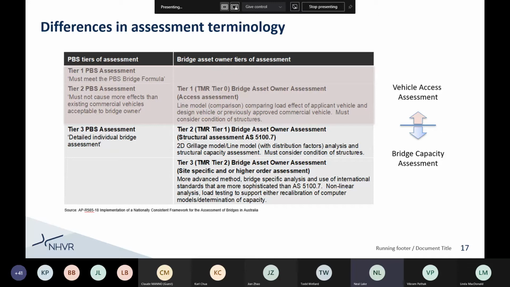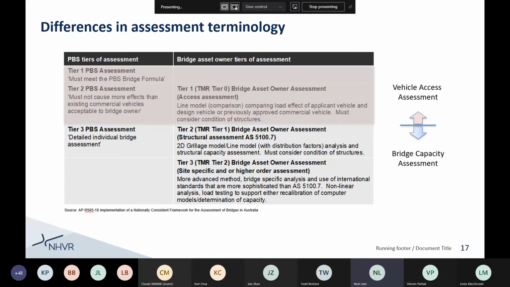So a tier 1 assessment in the PBS guidelines is meeting the bridge formula, which we're not covering in this webinar series. A tier 2 assessment basically describes, in a PBS assessment, that it must not cause effects greater than the existing commercial vehicles. That essentially is a tier 1 assessment, right? So a tier 1 bridge owner's asset assessment is similar to a tier 2 assessment in the PBS line.